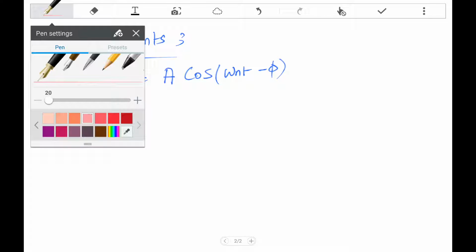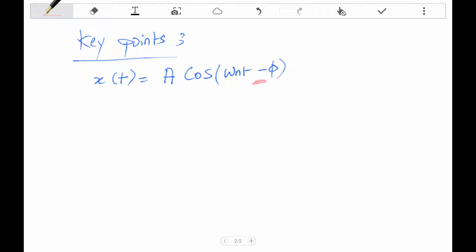You should know what this negative or positive sign means.